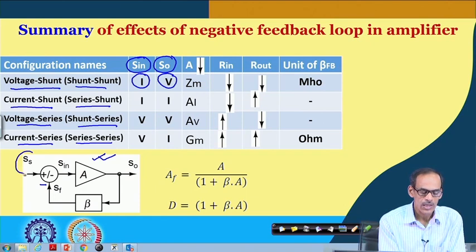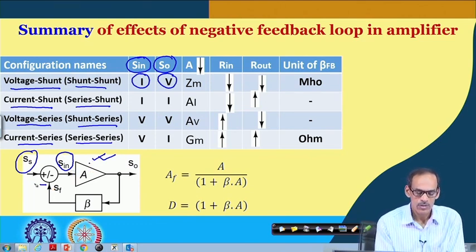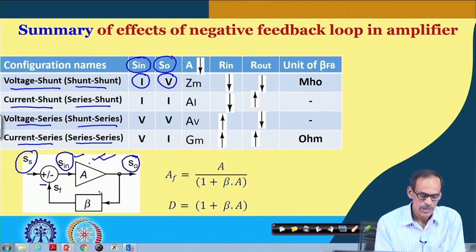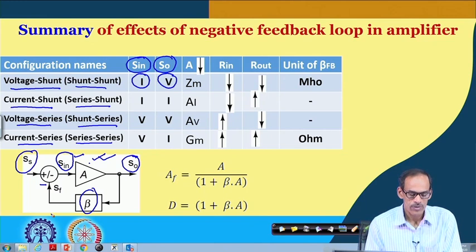The input we may call the primary input, and just by observing the input type and the output signal type, we can tell what kind of amplifier we have, and that also decides what kind of feedback network we have.